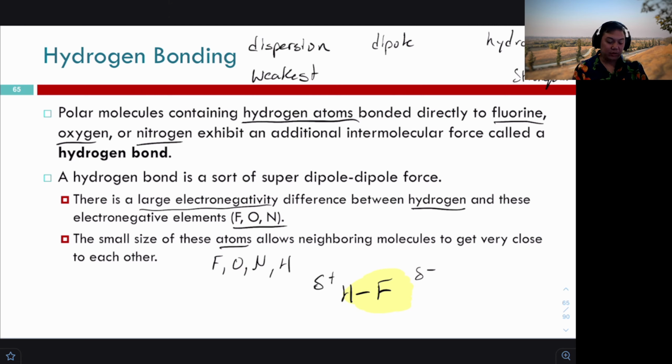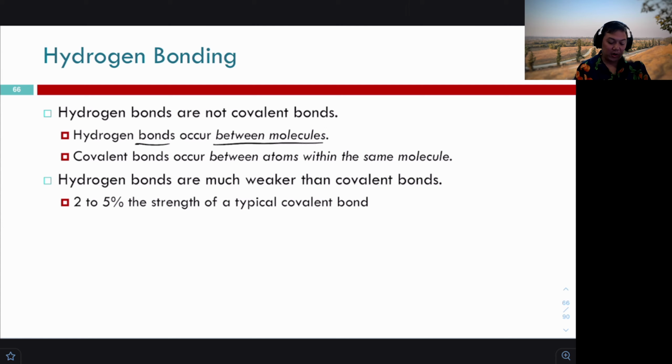Now, I say it's a pseudo bond because it can be confusing that they're called hydrogen bonds, but they occur between molecules, whereas covalent bonds occur between atoms within the same molecule.